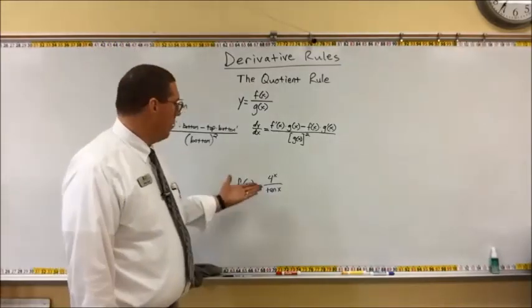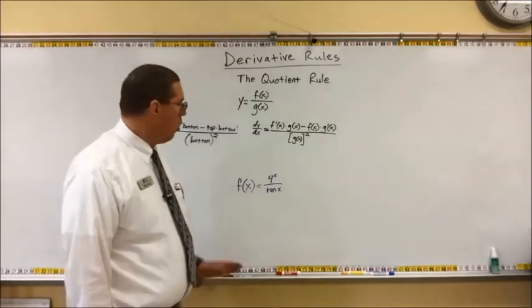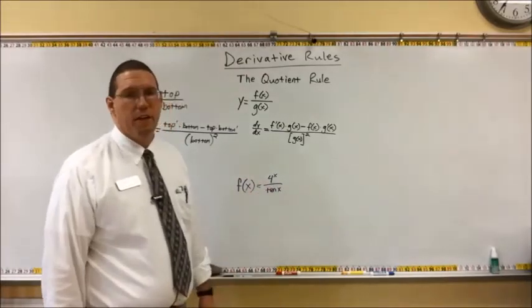All right, here's one. We've got f of x is equal to 4 to the x power over tangent of x.